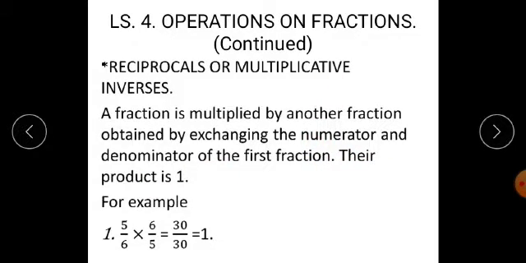For example, number 1, 5 upon 6 into 6 upon 5.